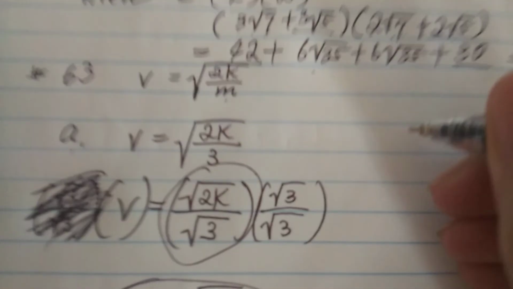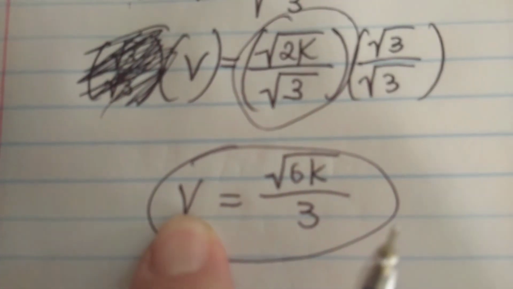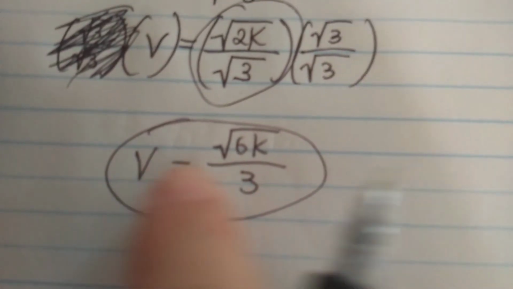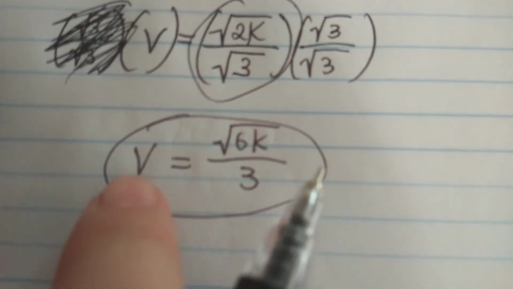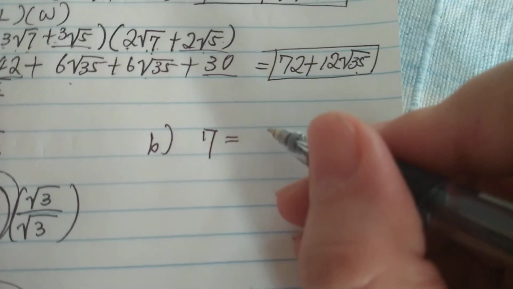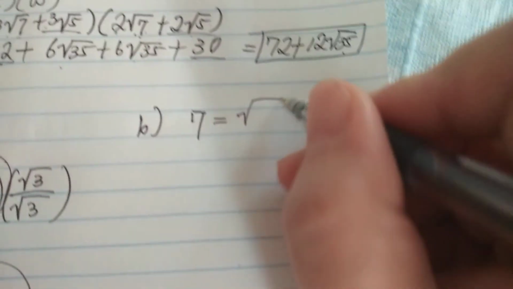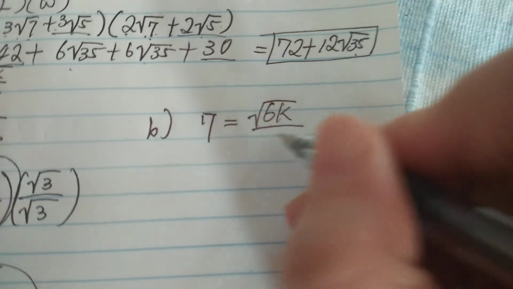So now you have a new way of expressing this original formula. Rather than having this, you now have this. And then in part B of the question, they tell you if the velocity is 7, what will be the k? So we're going to substitute 7 here and solve for k. So I have 7 equals radical 6k over 3.